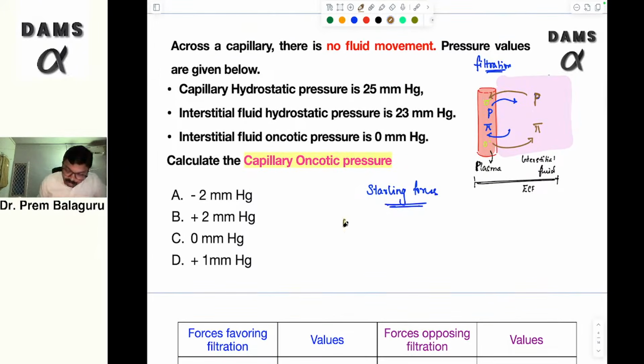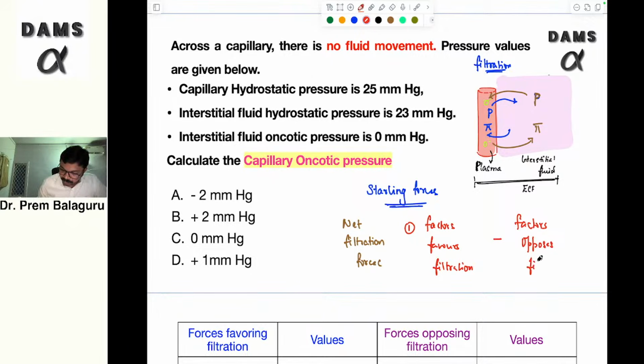When it comes to net filtration forces, you have to take into consideration 2 factors. Number 1, factors that favor filtration, and you got to subtract factors that oppose filtration. You take both into consideration so that you get something called net filtration pressure.